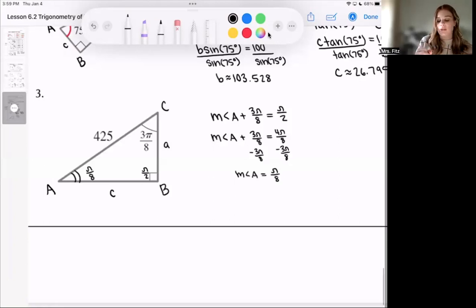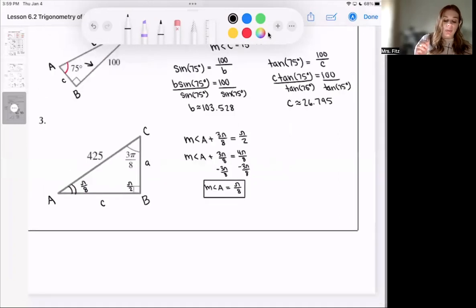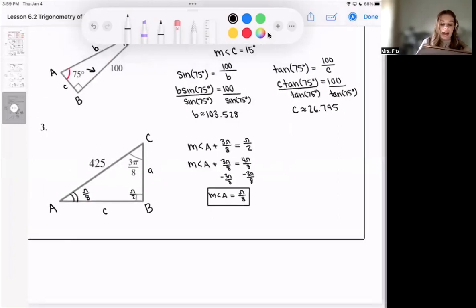We're going to leave the angles in exact form. Okay, well, now we need to solve for both lowercase a and c. Those are side lengths. We're going to have to use some trig. I always like to use the angle given just in case I made a mistake of finding the other angle. But it's up to you. You could use pi over 8 as well as your reference angle.